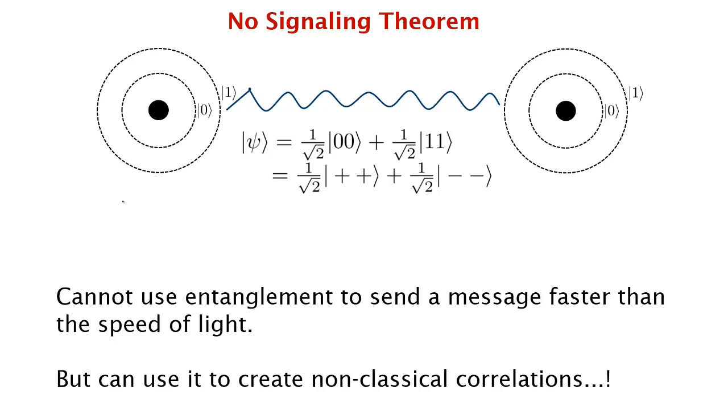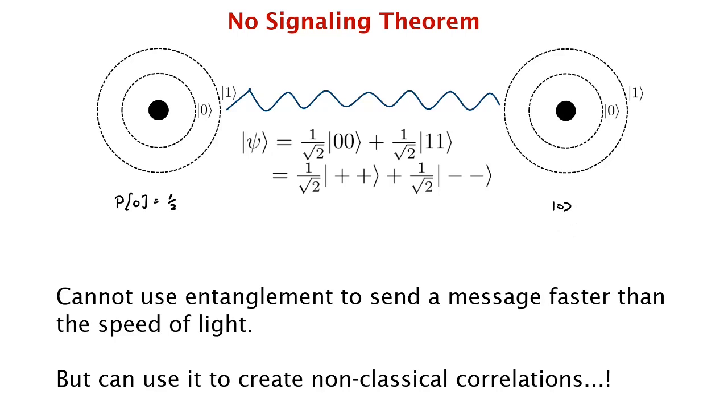You might imagine that when you measure this first qubit and you see 0 with probability half, then instantaneously, if you see 0, the state of the new qubit also becomes 0. And so it seems as though you could have transmitted information from your qubit to Mars instantaneously.